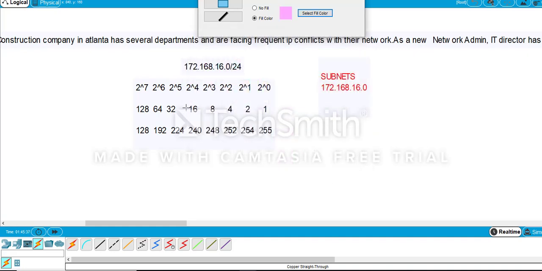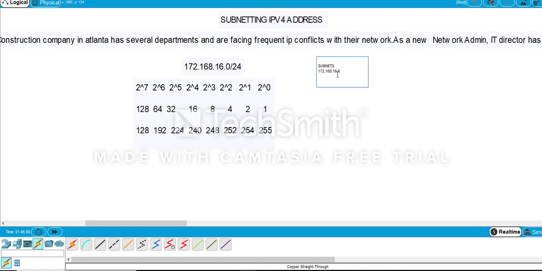Okay, so it's 16. I wanted to highlight the 16, but for some reason I'm unable to do that. That's fine. So we know we have to borrow 1, 2, 3, 4. 16 is the fourth number, so our network is going to be in the range of 16. Okay, so we're going to start now. That is dot 0. Our network is dot 0.